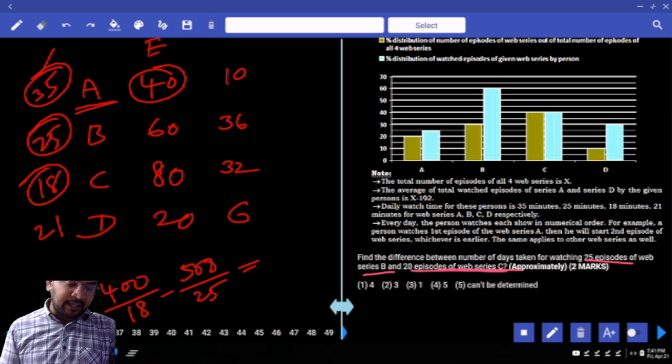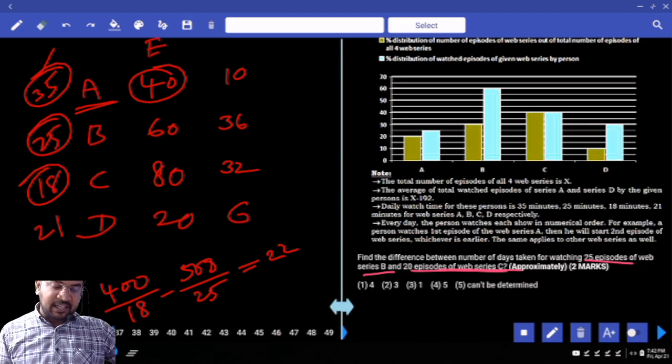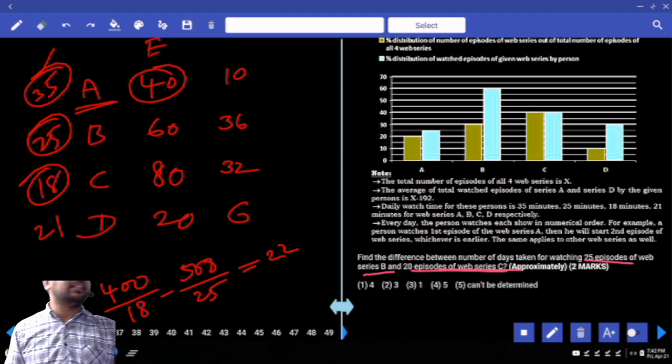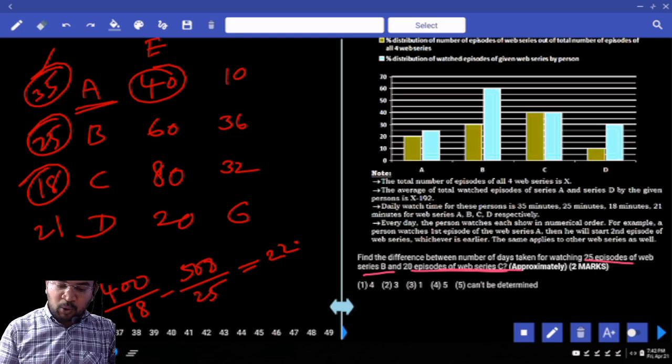So 400 by 18. 18 twos are 36, remainder is 40... so the remainder is 4 by 18, which is 2 by 9, which is 0.22.